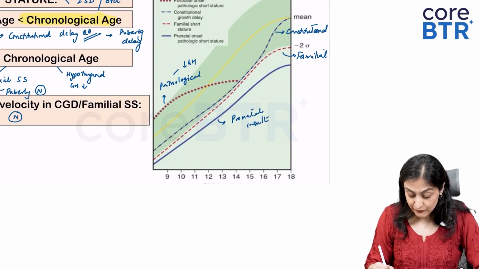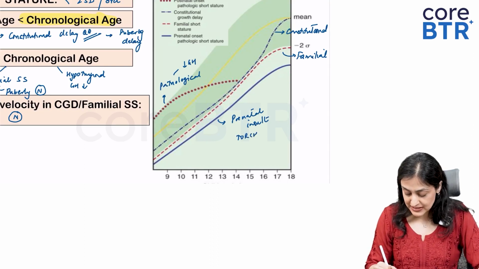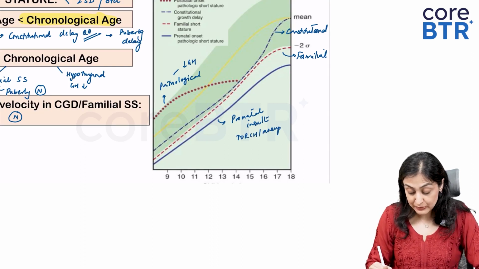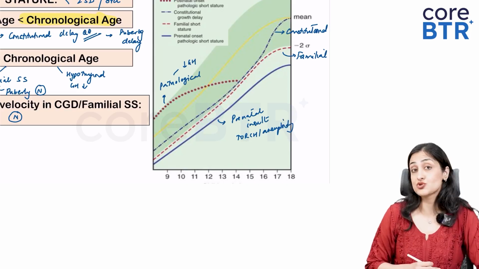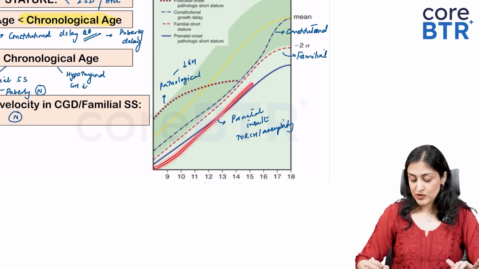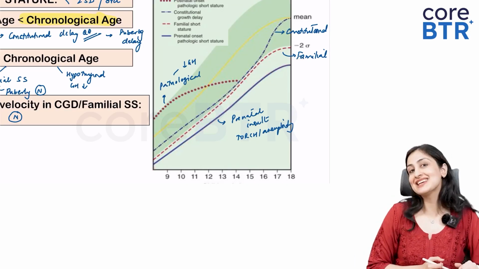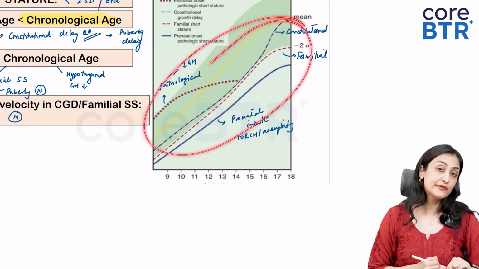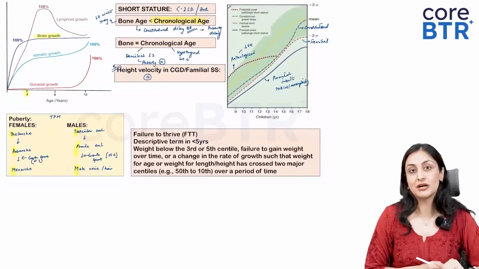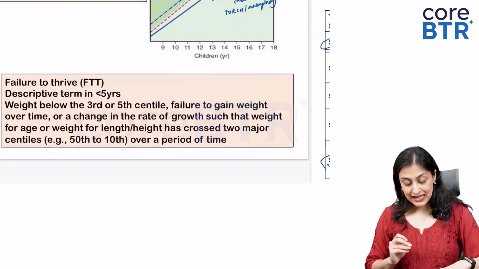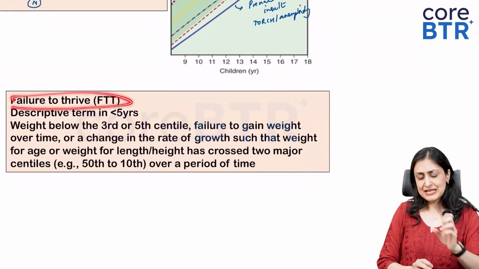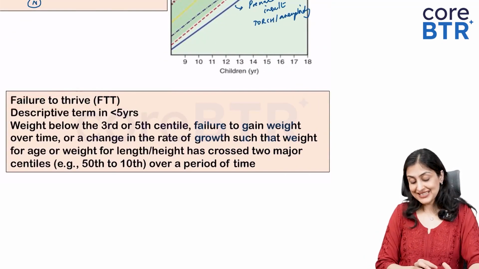Let's say there was a TORCH infection, let's say there was aneuploidy, for example, Turner's, they'll always remain short, right? So that is what is a prenatal insult. It was lagging from the beginning. So this is such a wonderful graph, where you can ask multiple questions. This is again from OP Guy, where this seems like a potential MCQ material, never been asked.